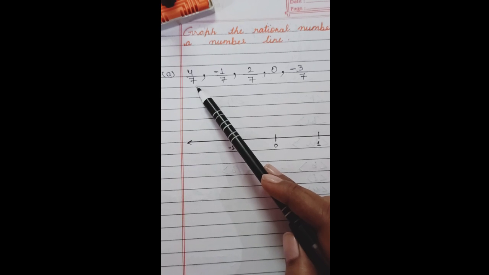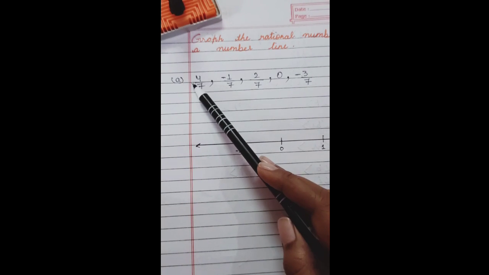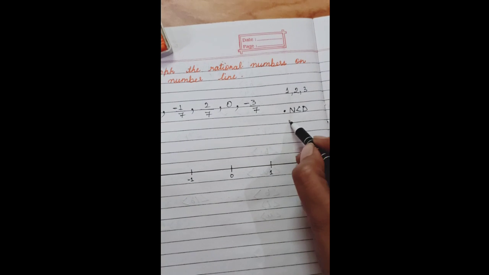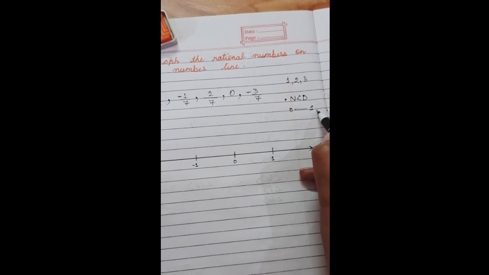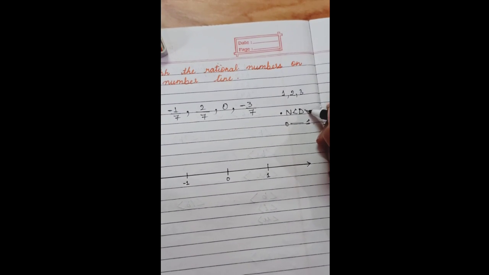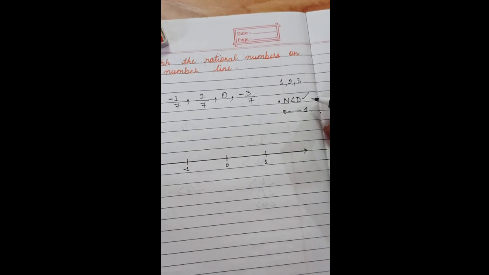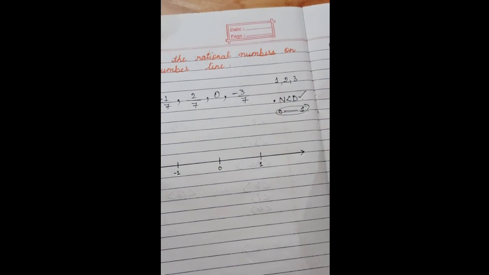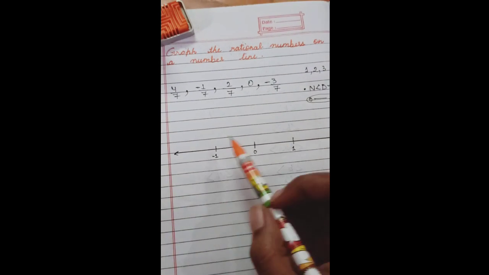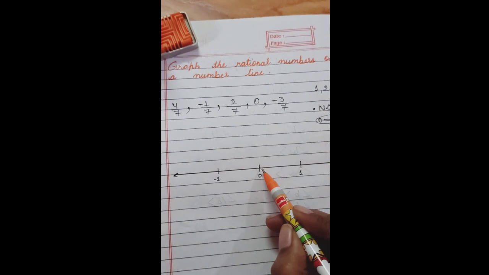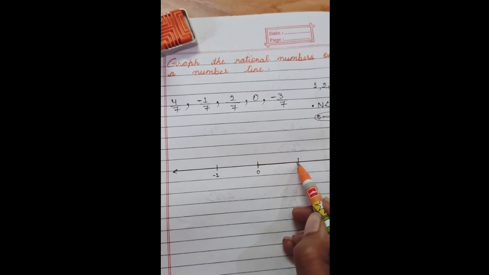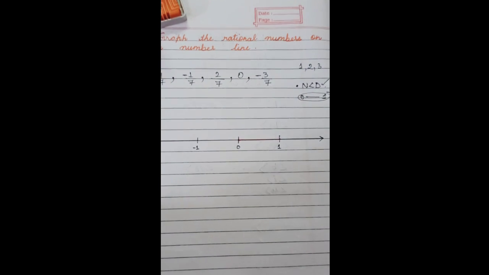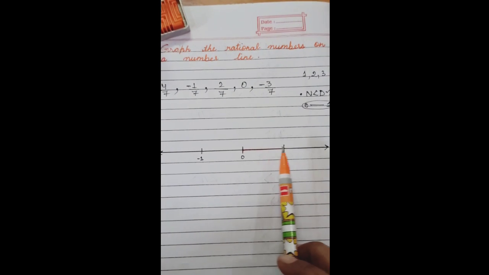So it means that this rational number lies between 0 and 1. So in this example, 4 by 7 lies between 0 and 1. We draw the number line accordingly.